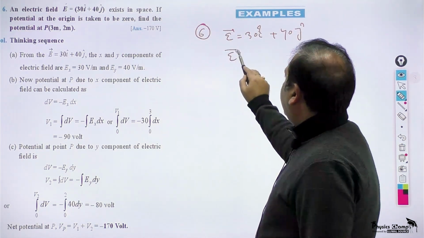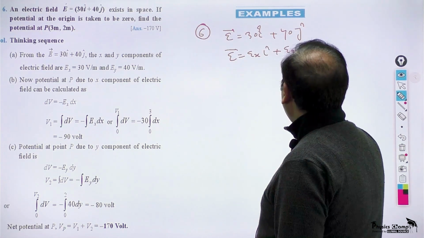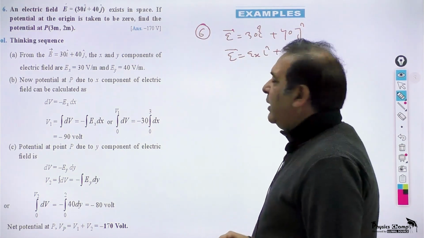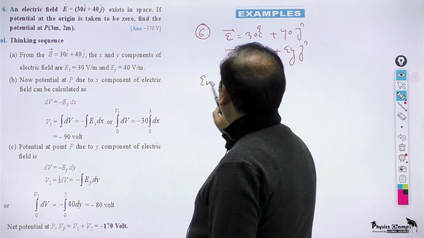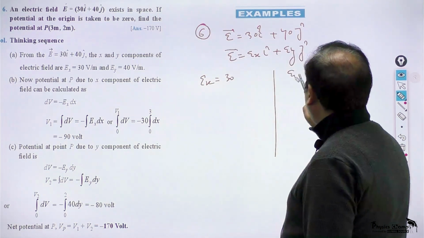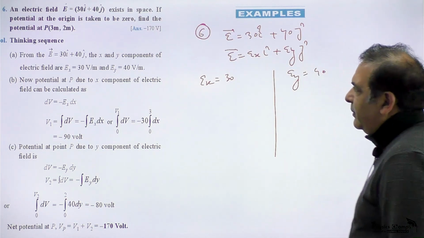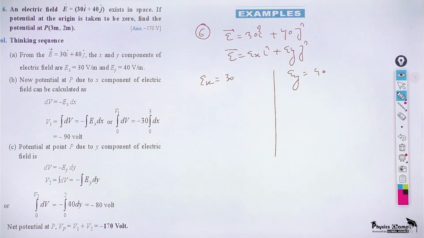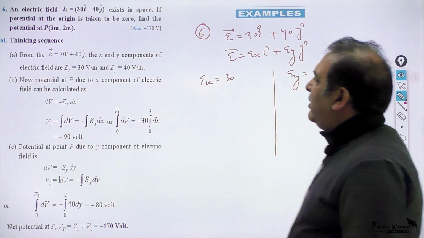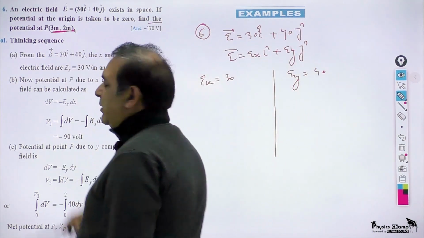So electric field has a standard form Ex i plus Ey j. Comparing, we get Ex is 30 and Ey is 40 volt per meter. If potential at the origin is taken to be 0, find the potential at (3, 2) meter.